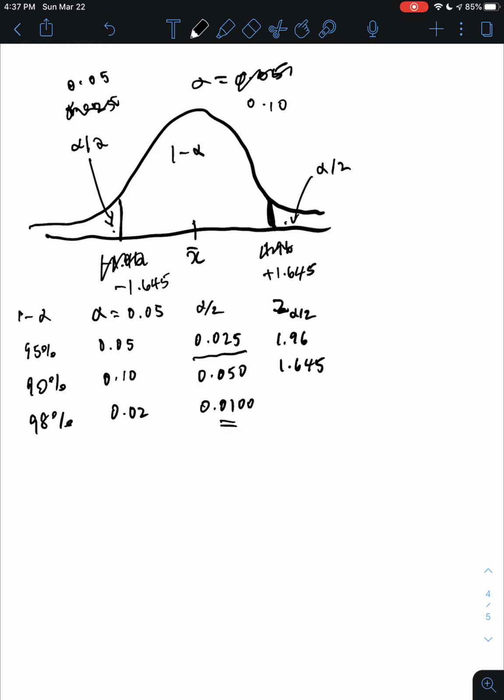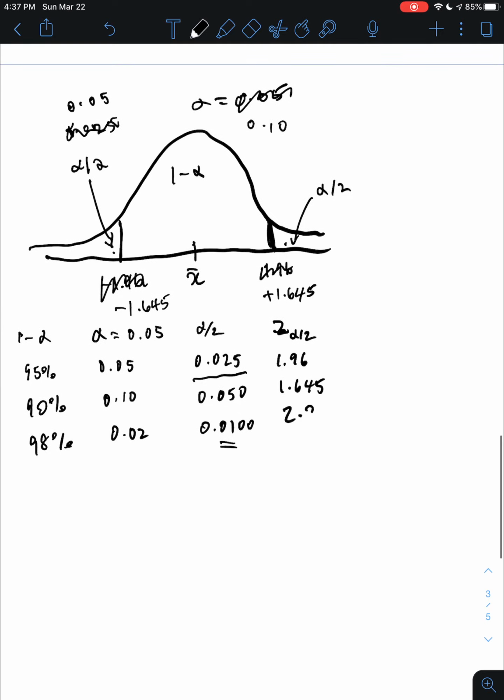Find this inside the table. The corresponding value for Z sub alpha over 2 is 2.33. And 99%: that one, again, is between two values, but typically we just use 2.58.